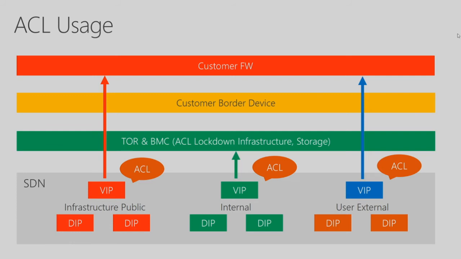This is really where you get the same experience as you have in Azure. Every time in Azure you create an NSG, you use a public IP, or you use a load balancer, this is where those IPs do live, in that public IP pool. So the infrastructure and the user pools are really the ones that are routed up to your customer firewall that you want to secure.